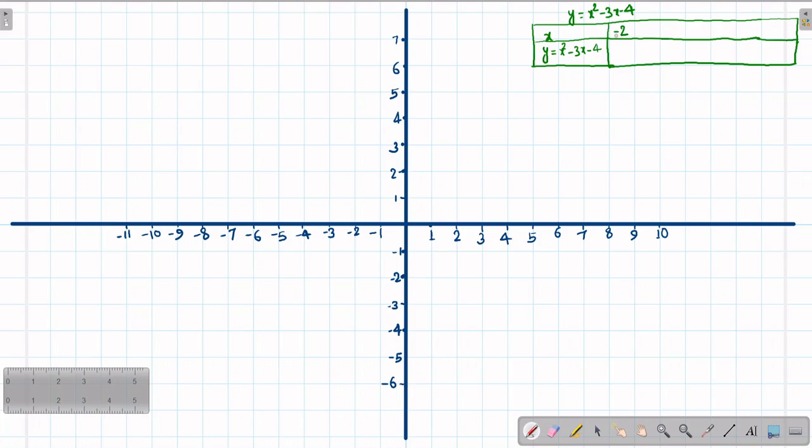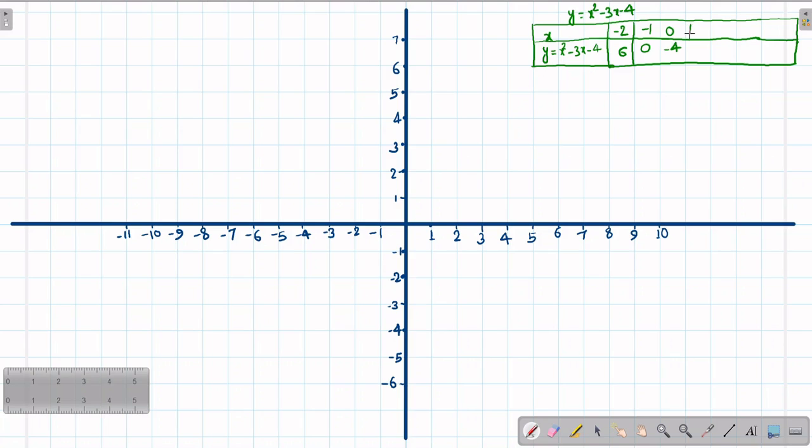So when x is equal to -2, the y value becomes 6. To get 6, you just replace the x value with -2 and solve the expression. You will get this 6 value. Then after that I will put -1, you will get 0. Then I will put 0, you will get -4.